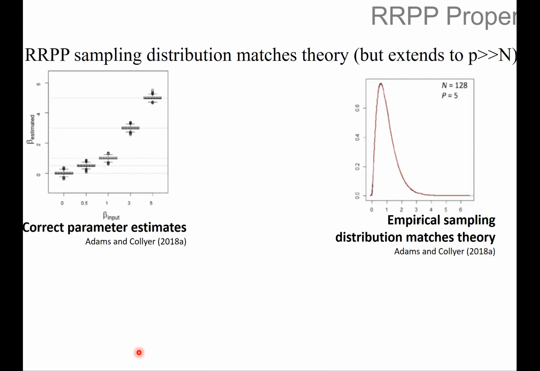What you're looking at on the right is the theoretical F distribution for a N of 128 and 5 variables. And that's in black. And in red is the empirical sampling distribution from permutation. They are perfectly overlapping. So what this tells us is, in fact, this RRPP approach, when applied correctly, is identical to likelihood and parametric theory in terms of outcome.